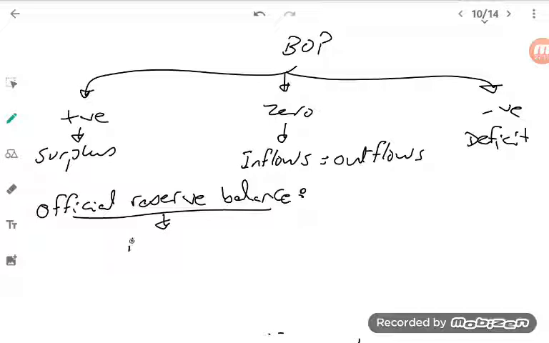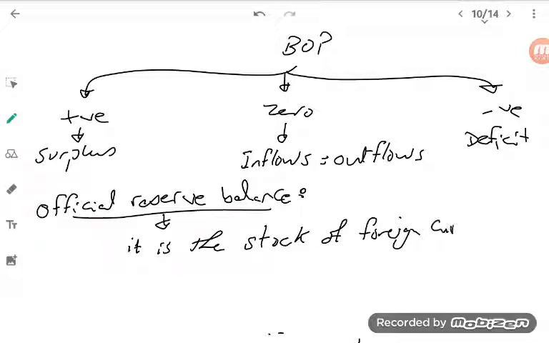It is the stock of foreign currency. It is equivalent in money terms to balance of payments with opposite sign.